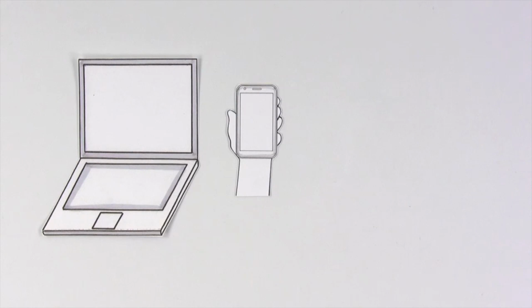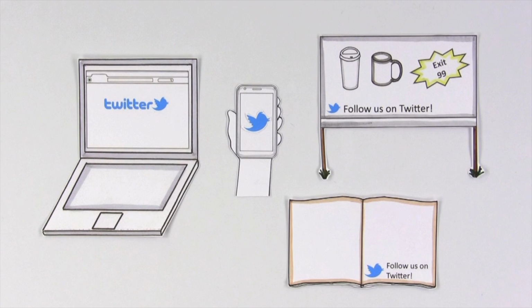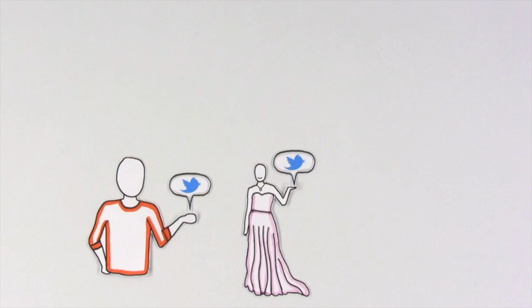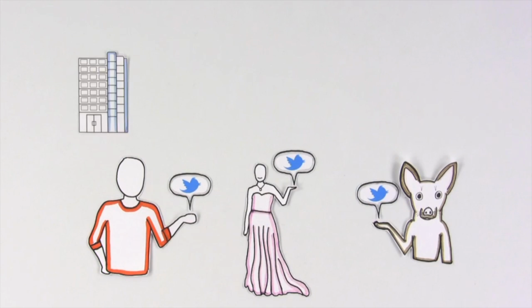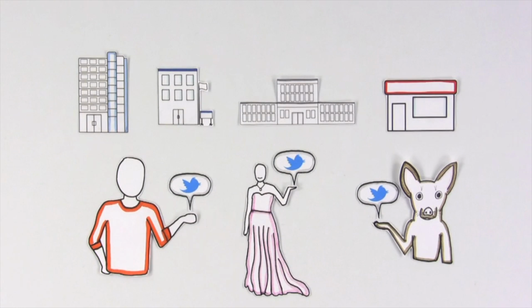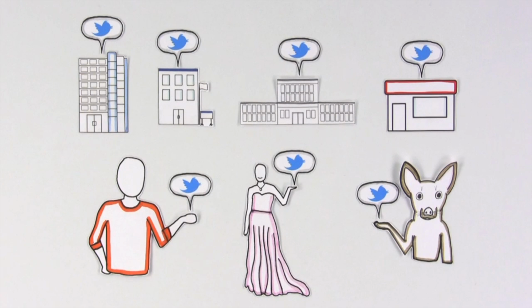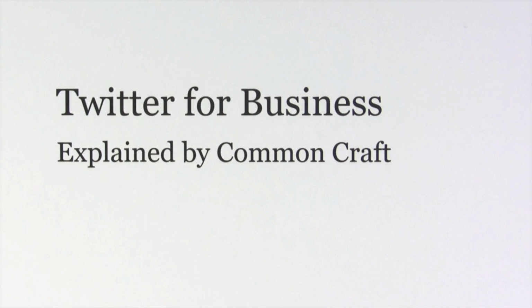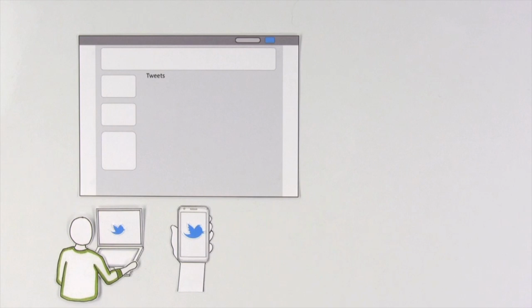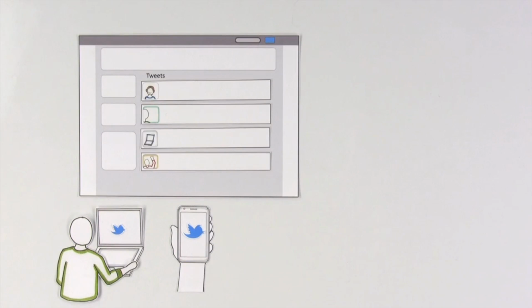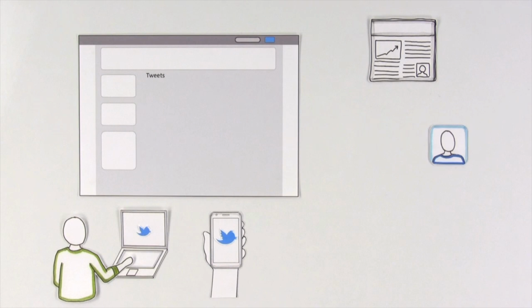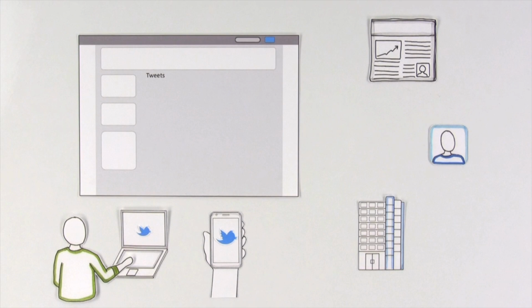It's official. Twitter is everywhere, and along with your friends, favorite celebrities, and pets, organizations of all sizes are getting involved in a big way. This is Twitter for Business, explained by Commoncraft. These days, Twitter helps people like you stay informed about news, people, and organizations that interest them.